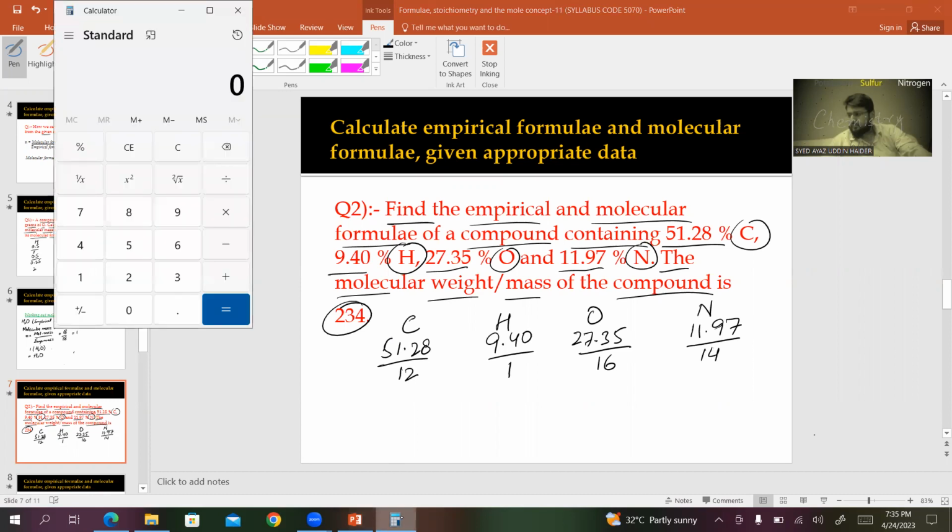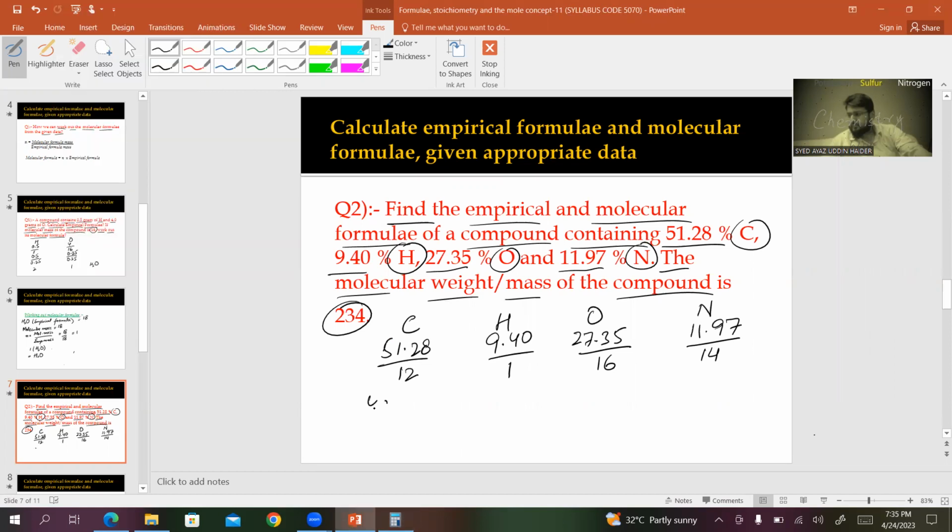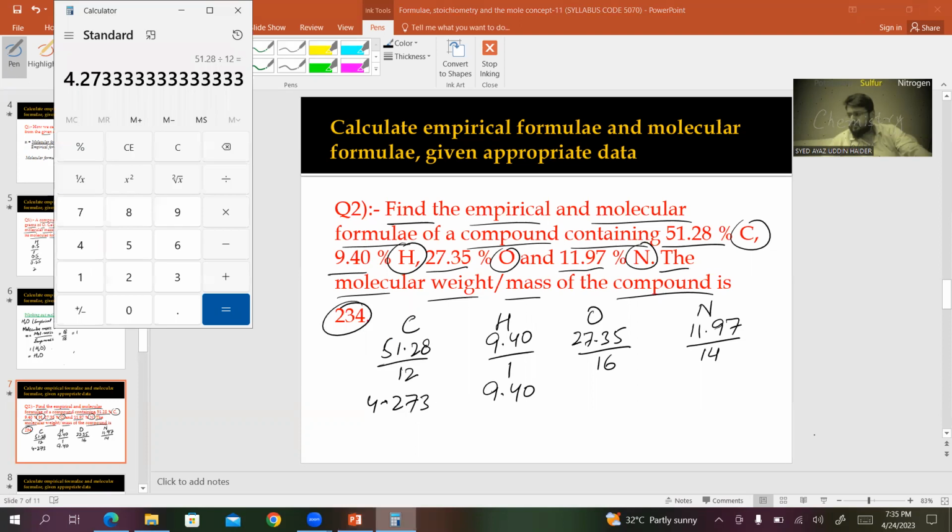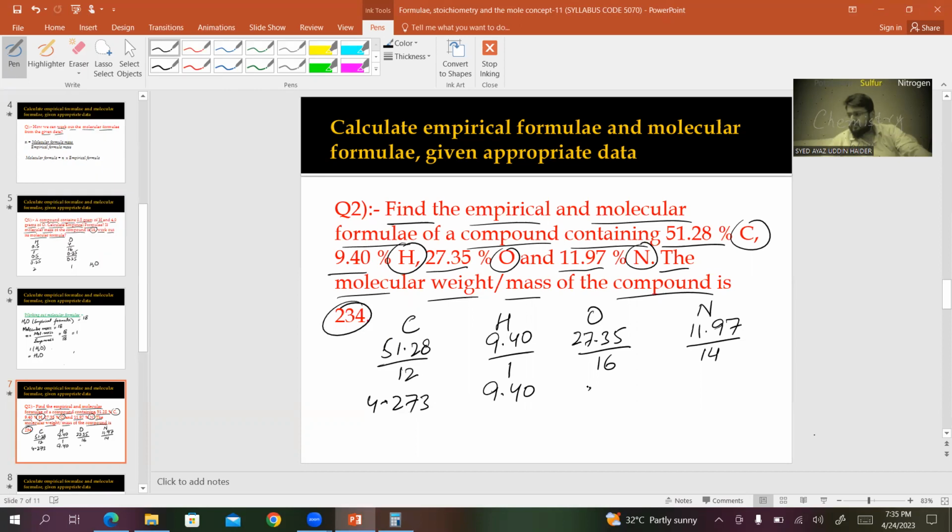So carbon, 51.28 divided by 12, you'll get 4.273. For hydrogen, we'll get 9.40, because 9.40 divided by 1 gives 9.40. For oxygen, 27.35 divided by 16, we will get 1.709.